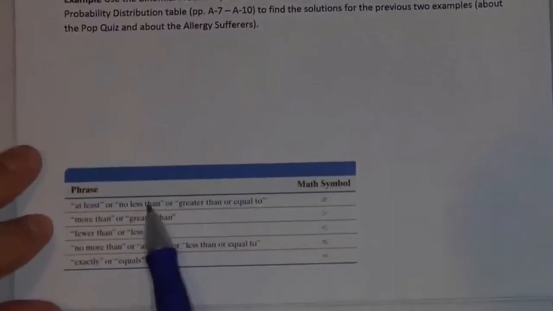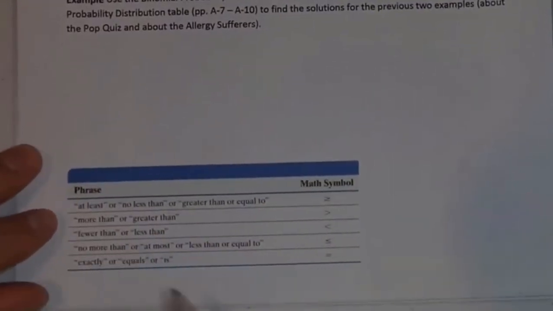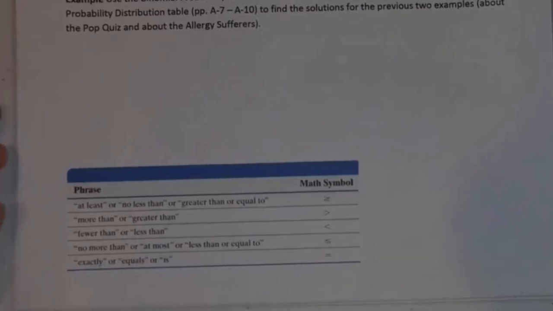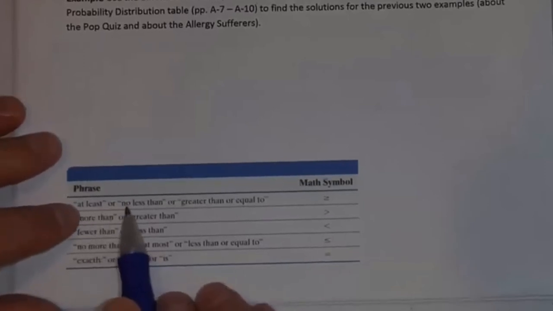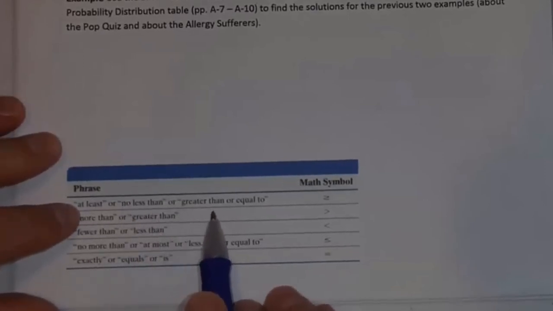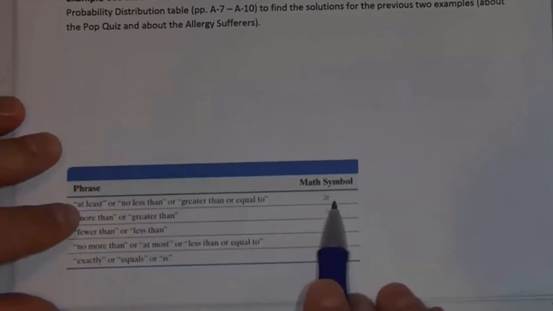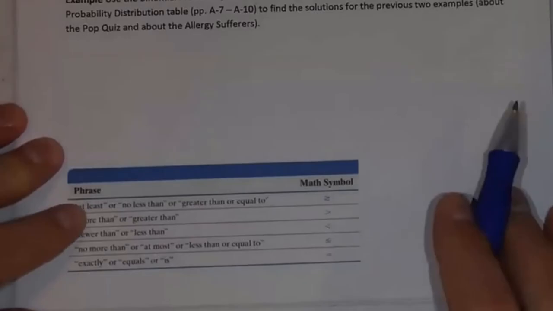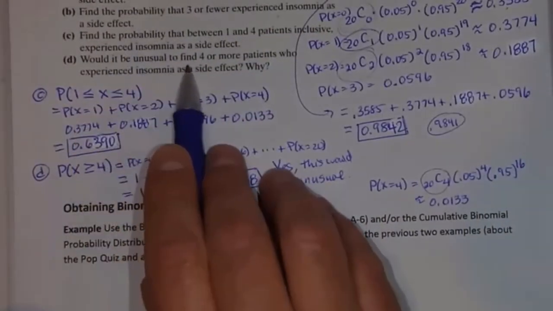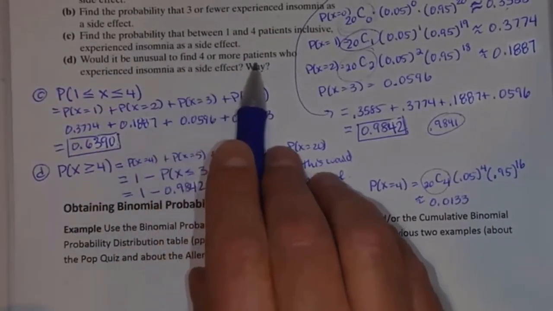But before I do that, I want to mention terminology that you have to be very careful about, the wording. The phrases at least, no less than, and greater than or equal to all mean you have a greater than or equal to scenario. Like in this problem, would it be unusual to find 4 or more patients?